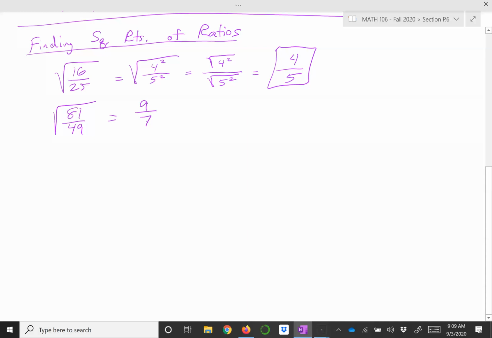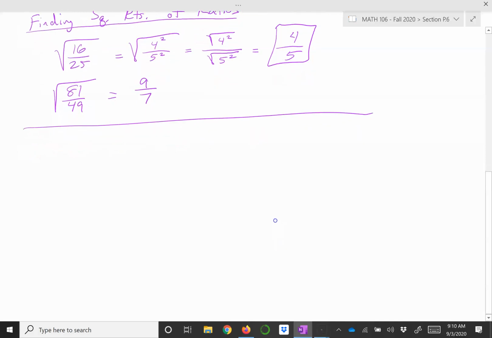The numbers will be the easiest parts of these problems. Now, if there's a number where when you take the square root, you don't get an integer, we're not going to want you to take the square root of that. Okay? There are some exceptions to that, and I'll be showing you that momentarily. All right, so that's finding square roots of ratios. That's just a quick review and how that works.